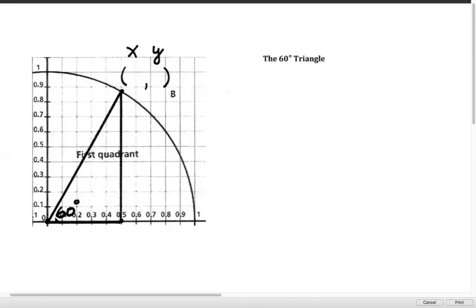Finally, what about if we start here at 0 degrees and we swing around 60 degrees, which would be here. So we're going from 0 all the way around to 60 degrees. Well, since we already looked at the 30, 60, 90 degree triangle in the previous example, now the lengths flip-flop.